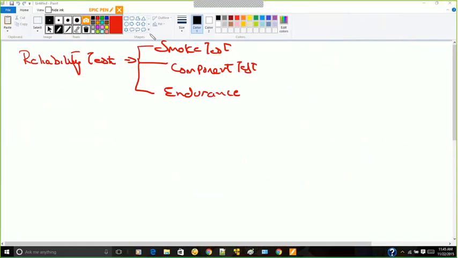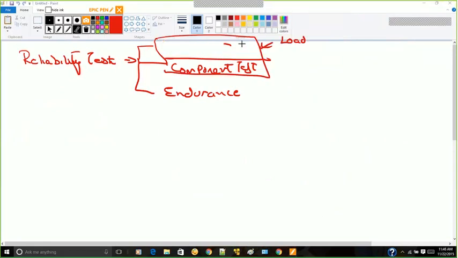Now, smoke test is similar to your load test. So this will be covered when you are doing your load test. So you don't do this separately.